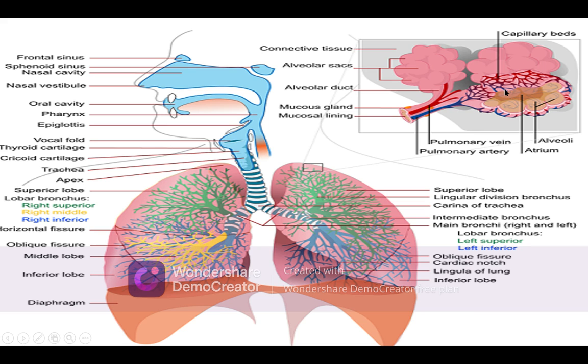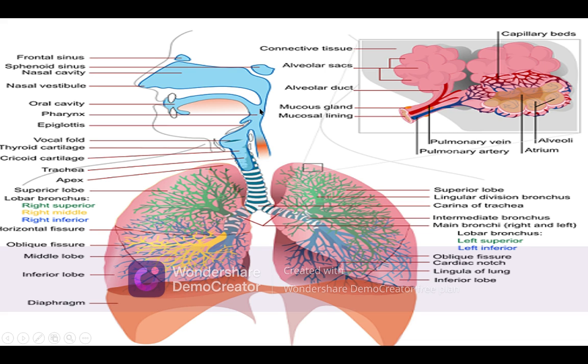This is the prime function of the lung. That is, the oxygen will be taken inside and the carbon dioxide will come out. This is the primary function of the lung, other than other functions as well.